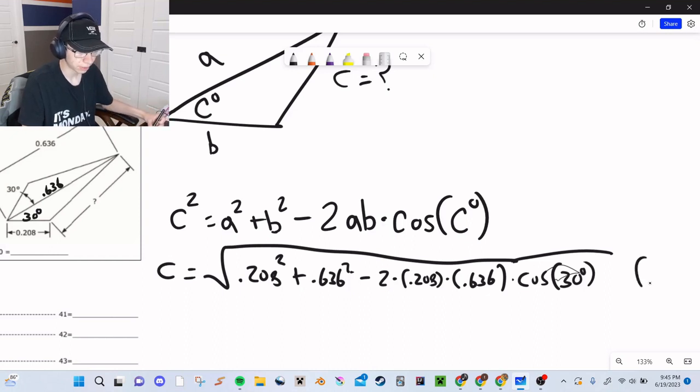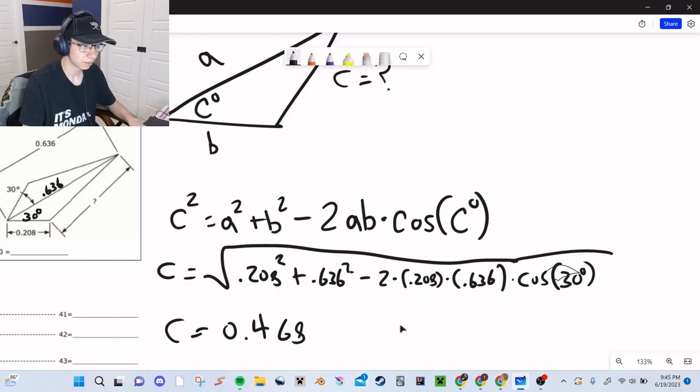Make sure you're in degree mode and not in radian mode when you're calculating this. So here our side C is going to be 0.468.